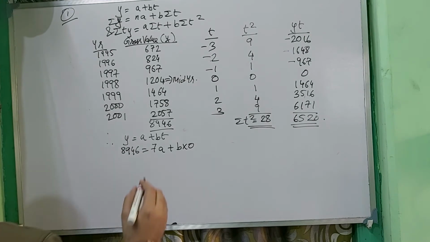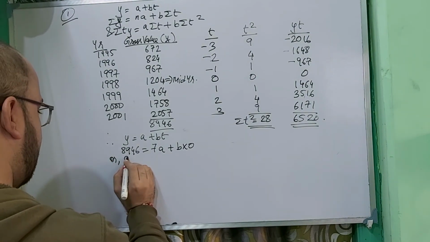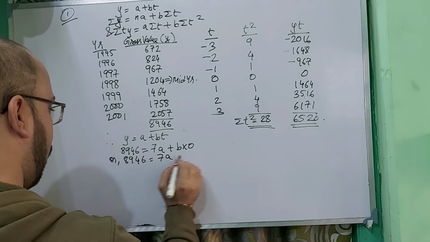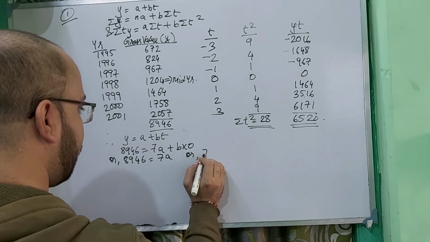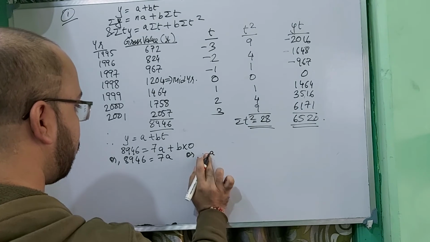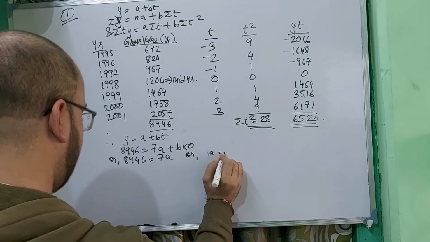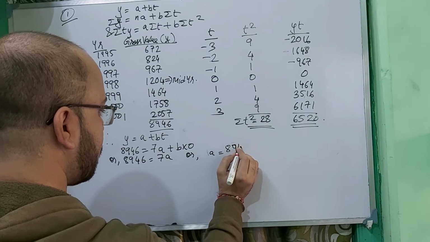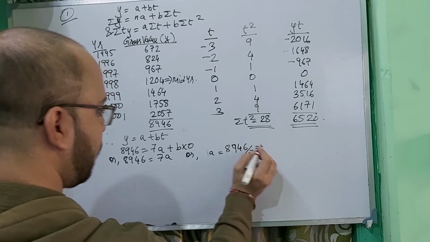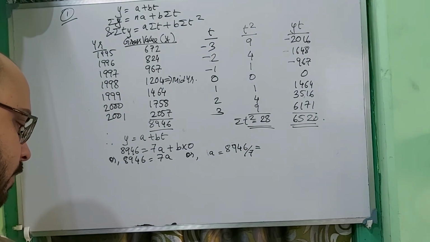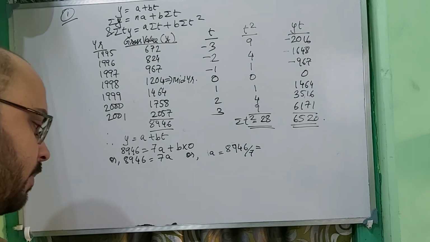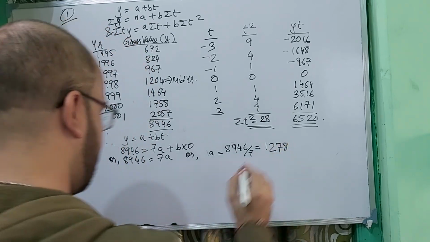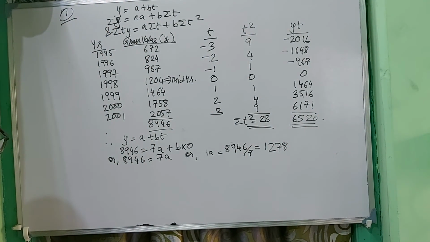So 8946 is equal to 7a, or a is equal to 8946 divided by 7, which is coming 1278. So a is coming 1278.